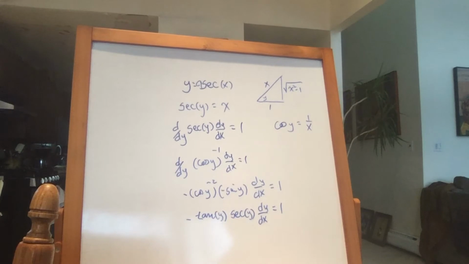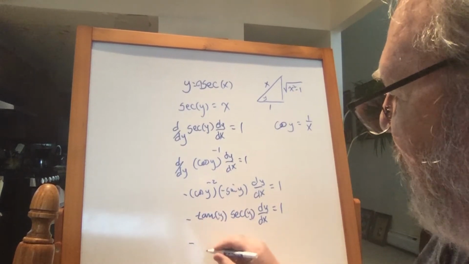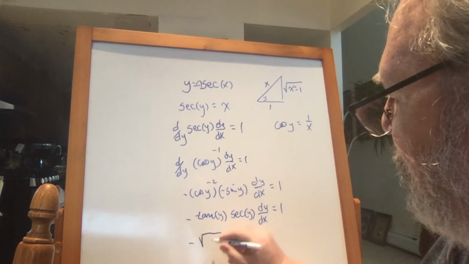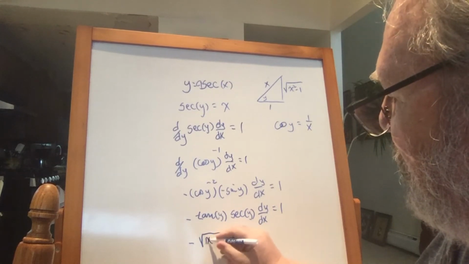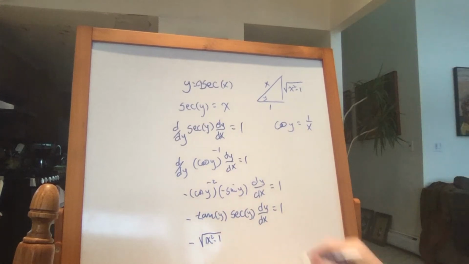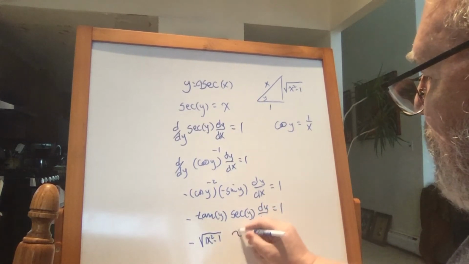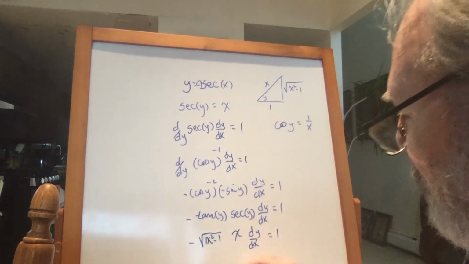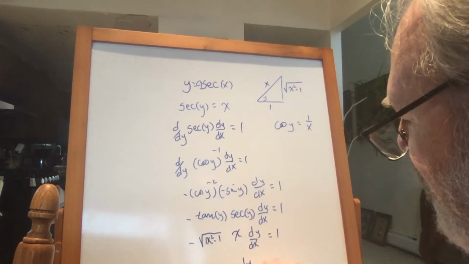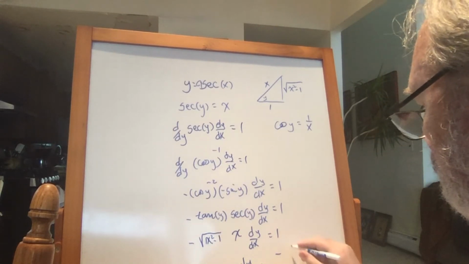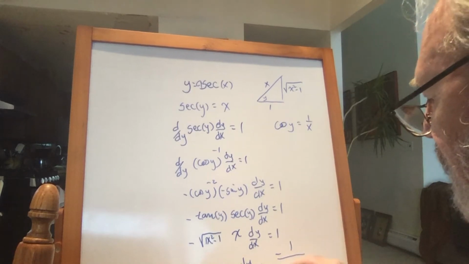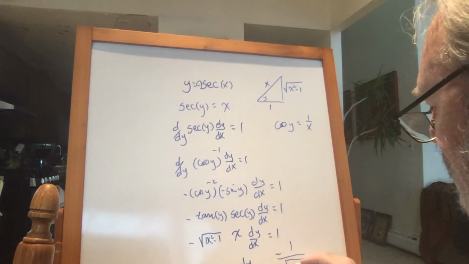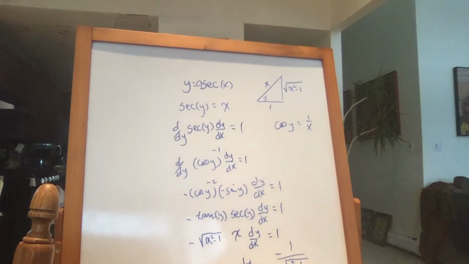Okay, so tangent y is the square root of x squared minus 1, and this is x. dy/dx equals 1. So dy/dx equals 1 over x times the square root of x squared minus 1. That's pretty wild. I think that's so cool.